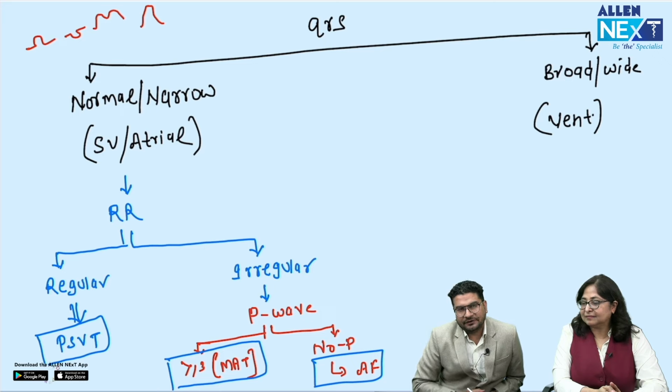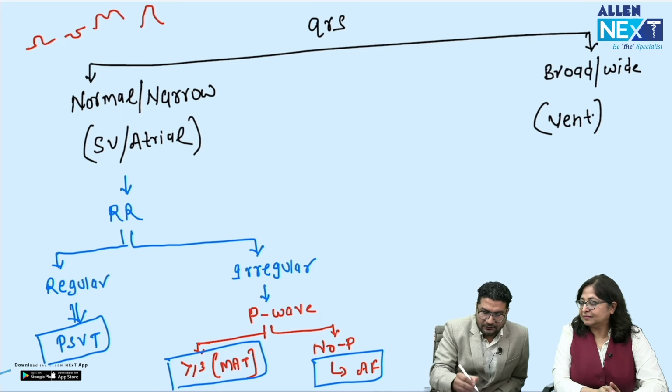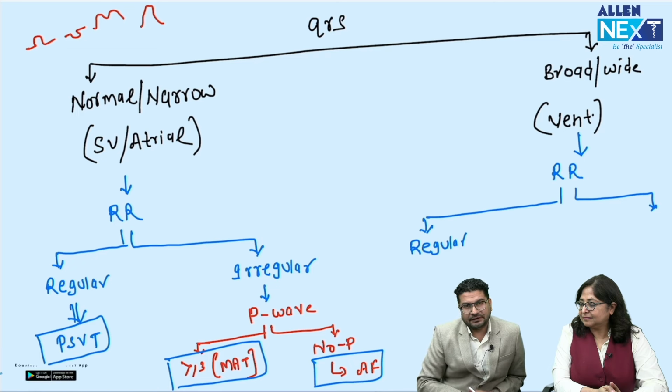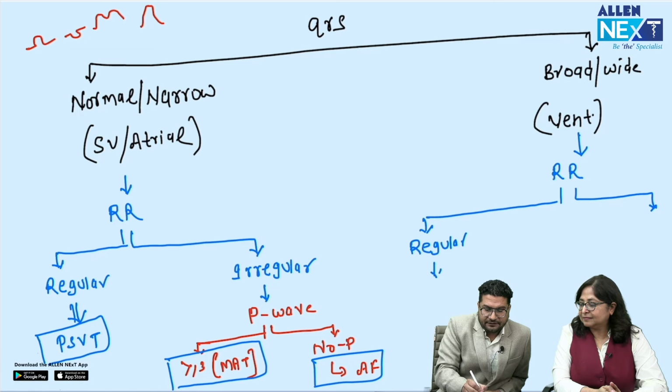The same concept, same logic you have to use when you see wide QRS. So again in wide QRS also I am looking at the RR interval. If this RR interval is regular, there I used the term PSVT, so here I will call this VT.